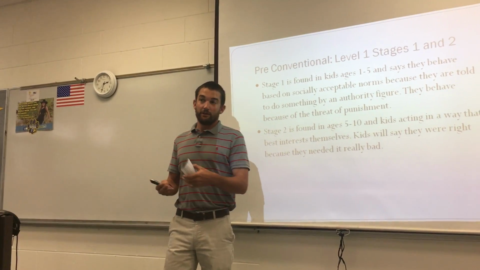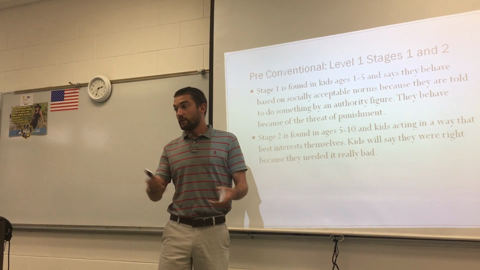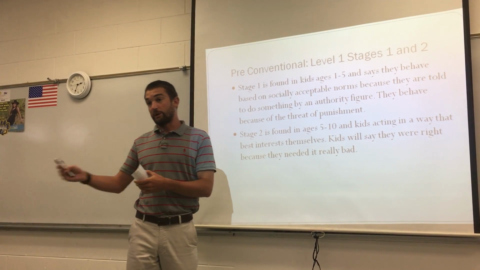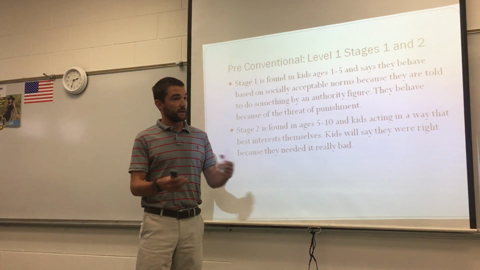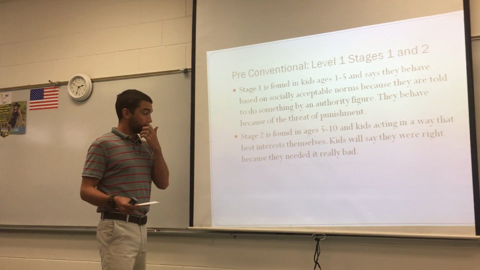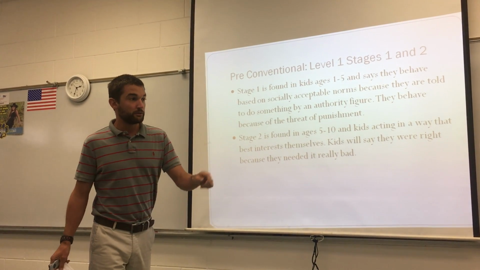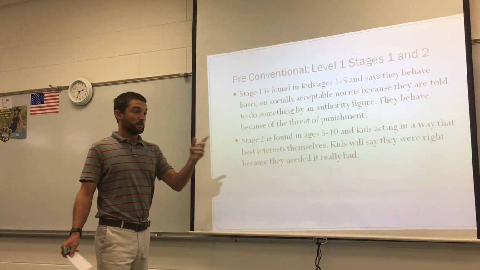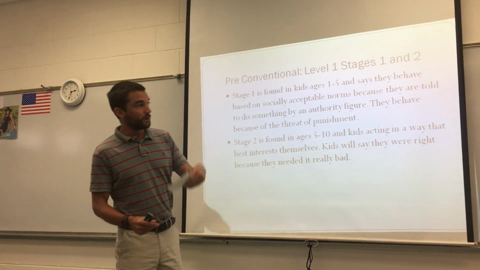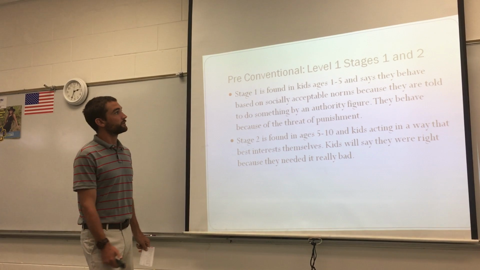If you're at lunch, you have milk and they have a piece of cake, you could say, I'll trade you my piece of cake for your milk, okay? That way you get what you want. You just wanted his milk, so that's more in the best interest of yourself. You're not worried about what the other person wants.